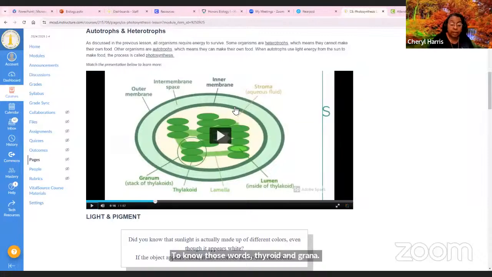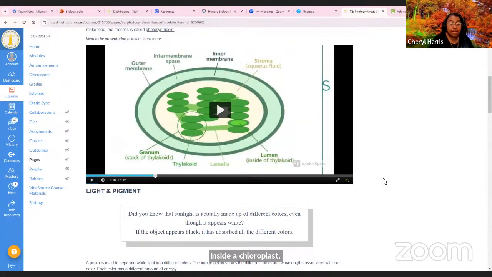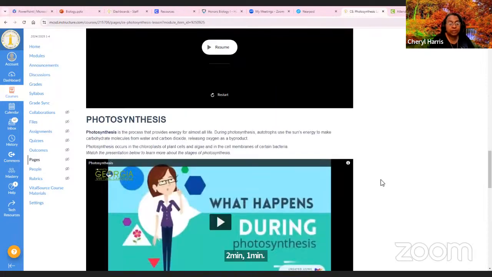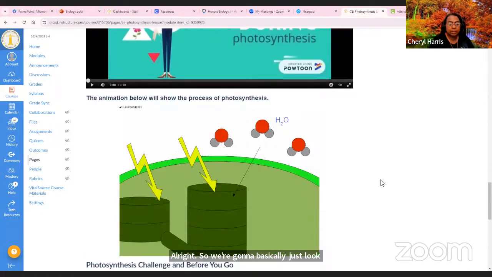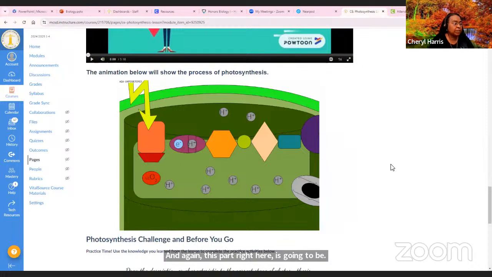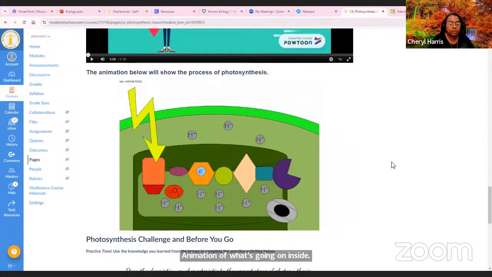All right. I'm going to stop there because we have like 2 minutes. All right, so we're going to basically just look at visible light, and again, this part right here is going to be an animation of what's going on inside that chloroplast.